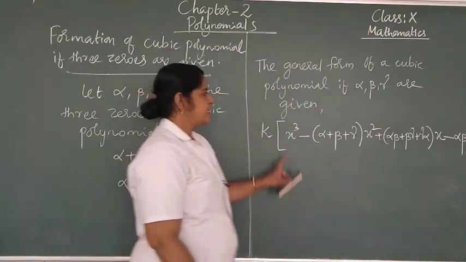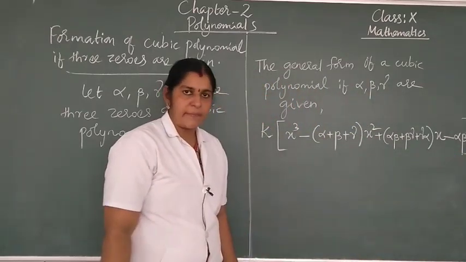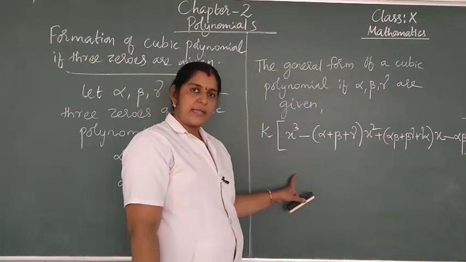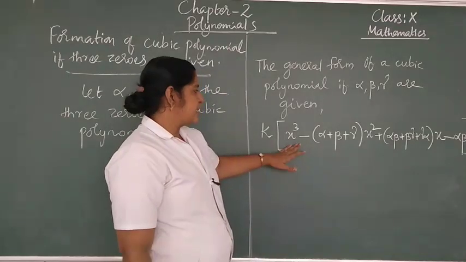Okay, so this is the formation of a cubic polynomial when three zeros are given. To easily keep in memory, you listen here.